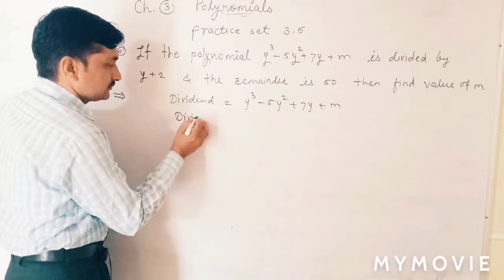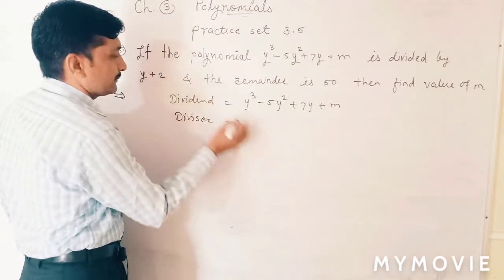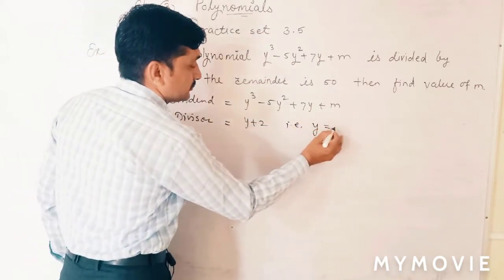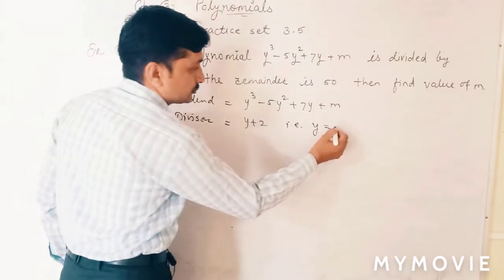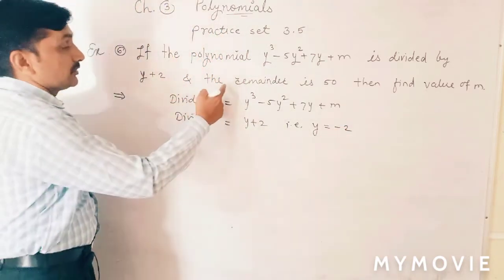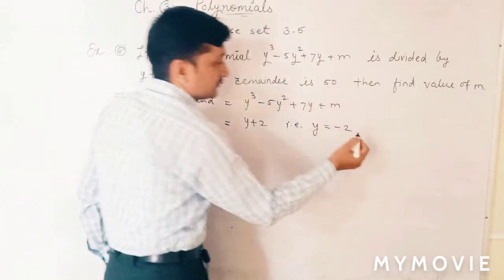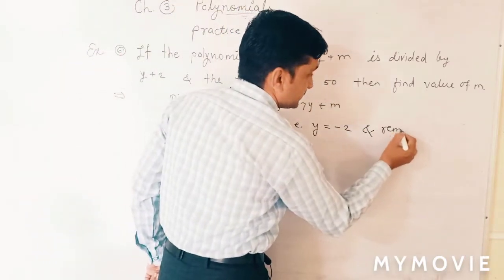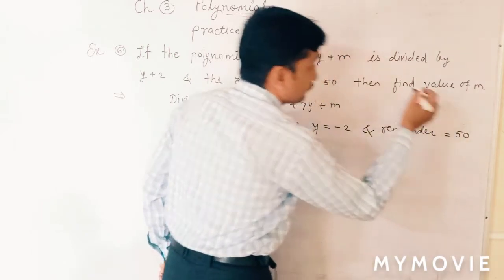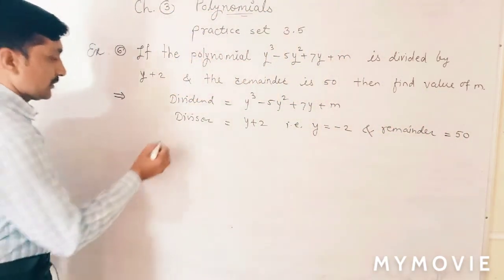Divisor is y plus 2, which means the value of y we have to take is the opposite of plus 2, that is minus 2. The remainder is given here, 50. Remainder is equal to 50. Now we have to find the value of m.